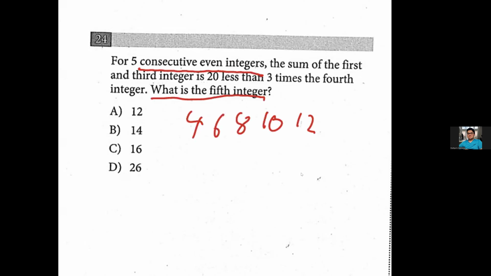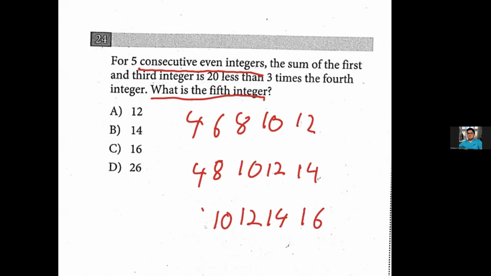For B, it would be 14, 12, 10, 8, 4. C would be 16, 14, 12, 10, 8. And then D's definitely way too big. 26 would be way too big for the sum of the first and third integers is 20 less than 3 times the fourth integer.